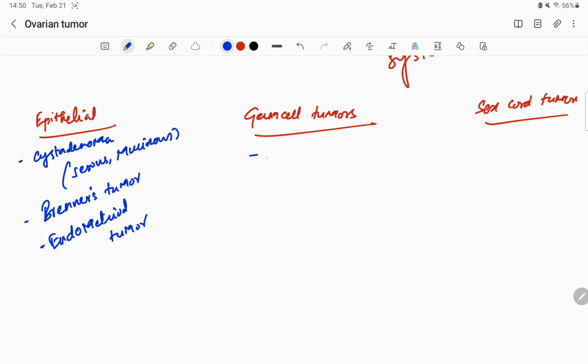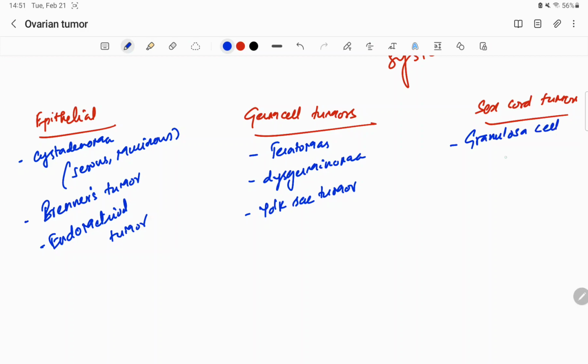In germ cell tumor you have teratomas, there is germinoma, and you have yolk sac tumor. And coming to sex cord tumor, you have granulosa cell tumors, which is the most common, and then you have Sertoli-Leydig tumors or arrhenoblastomas.